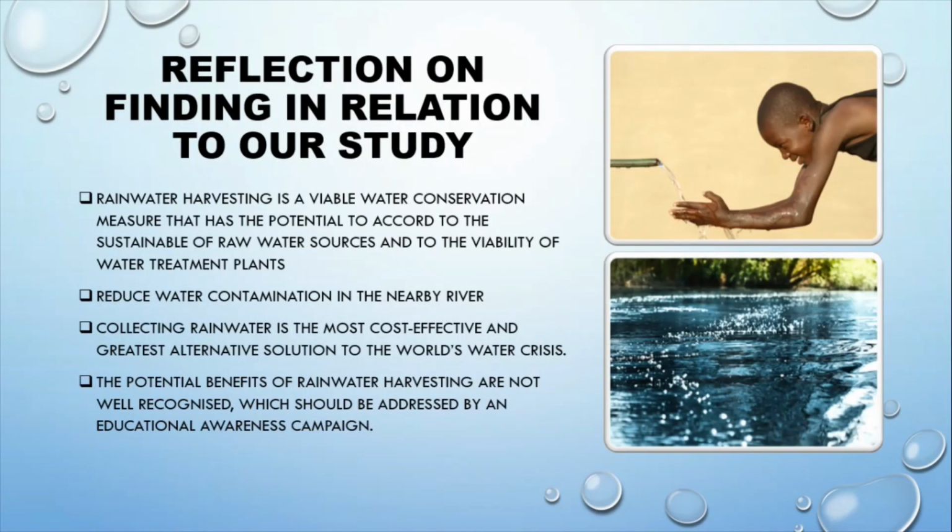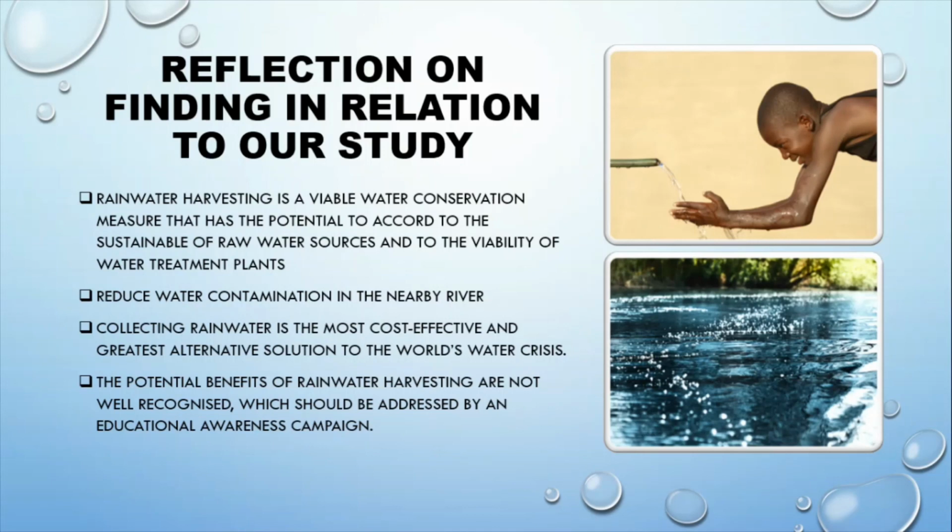What we find in relation to our study is that rainwater harvesting is a viable water conservation measure that has the potential to contribute to the sustainability of the water source and the viability of the water treatment plant.